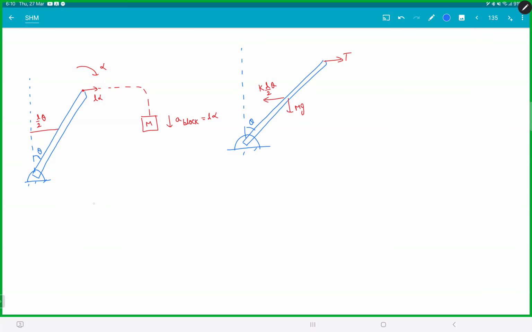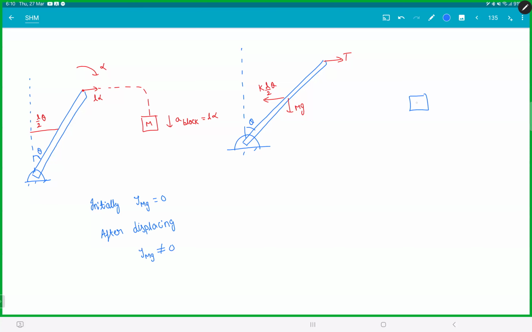So initially, if you observe, torque due to mg is 0. So we are writing all the changes in torques. After displacing, torque due to mg is not 0. We have to include that.